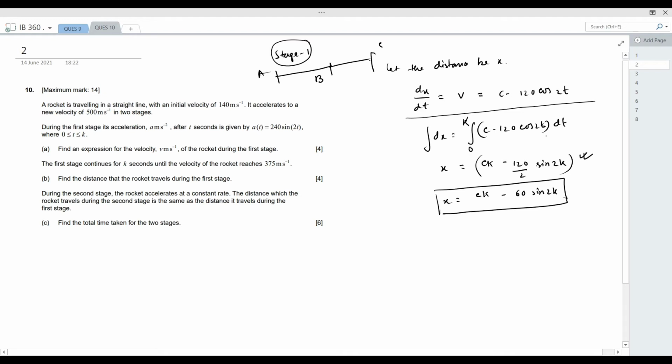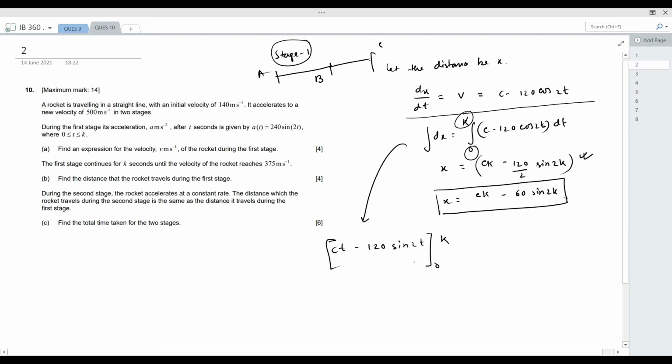If you need more explanation: before applying the limit it is ct minus 120 sin 2t, with the limit from 0 to k.